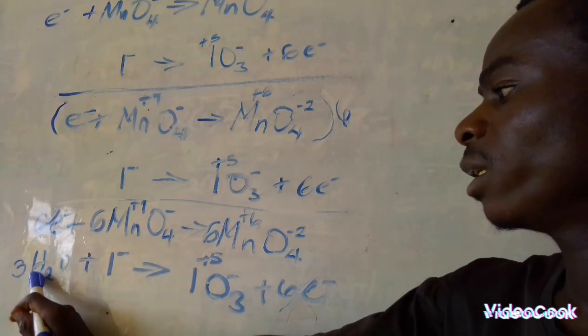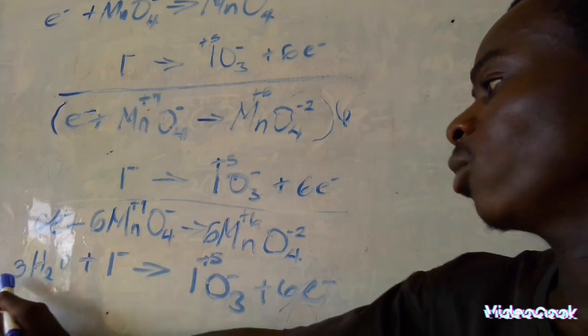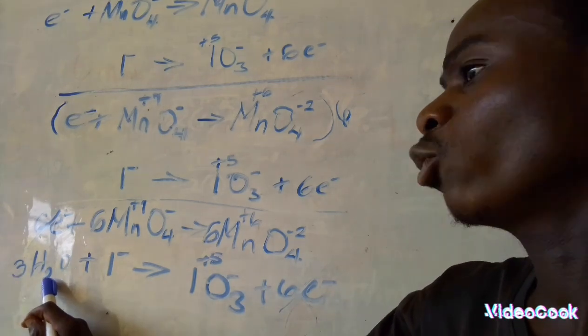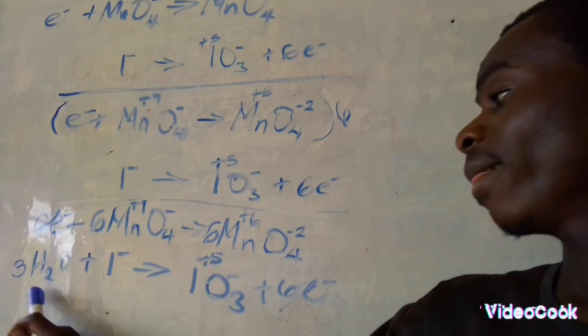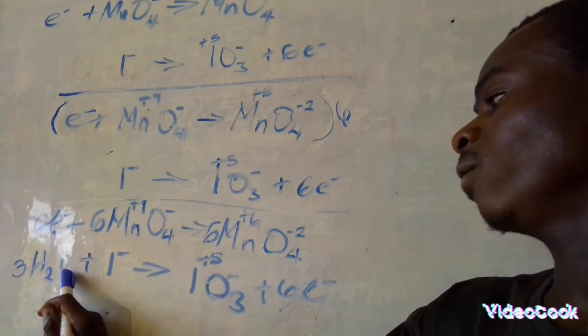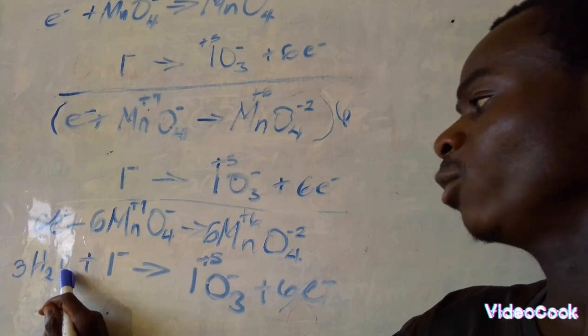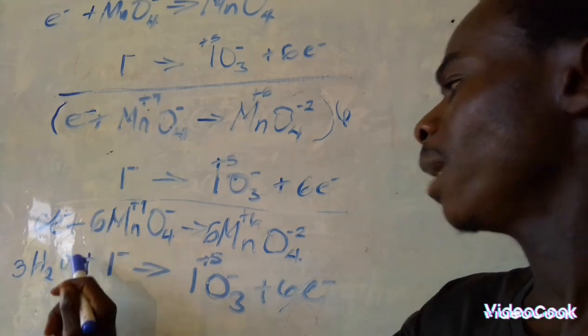This 3 is affecting the hydrogen and the oxygen. So 3 times this 2 for the hydrogen gives us 6, and 3 times 1 for the oxygen gives us 3 oxygen atoms.